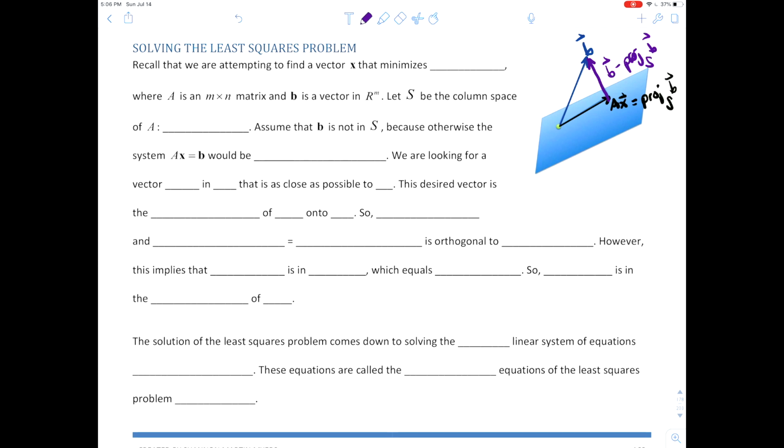And as you can see, it's orthogonal. So, here we go.